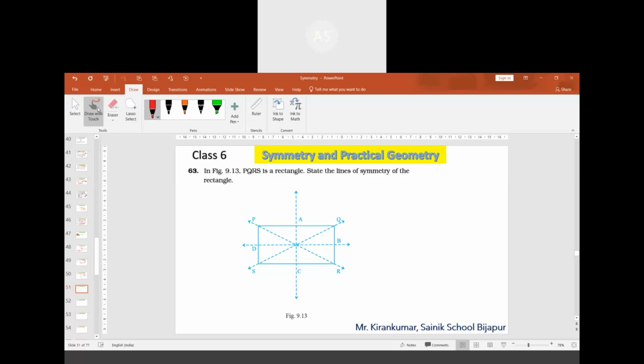They are not the diagonals PR and SQ, those are not lines of symmetry. One is a vertical line of symmetry and another one is a horizontal line of symmetry. There will be only two lines of symmetry for a rectangle.